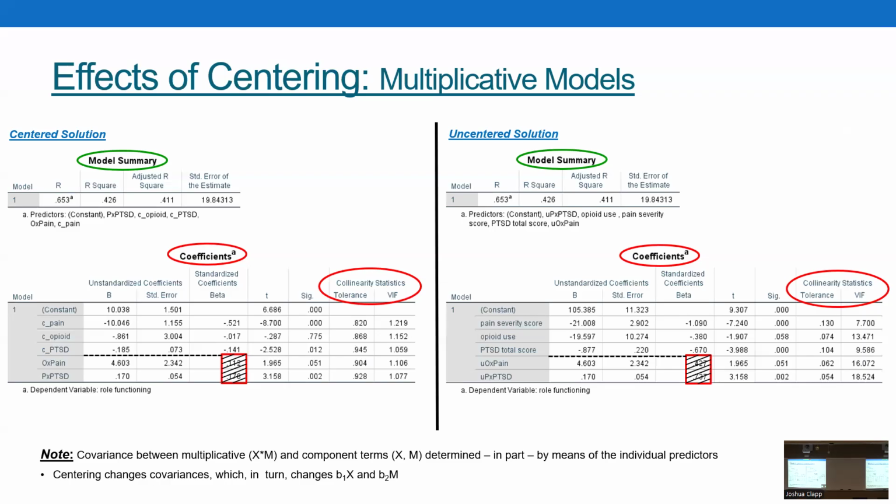Now this will happen even if, let's say this is 0.237 and 0.612. Would we still expect these lower order effects to change across the centered and the uncentered solution? We're saying my interaction terms aren't significant. I don't have evidence of moderation.